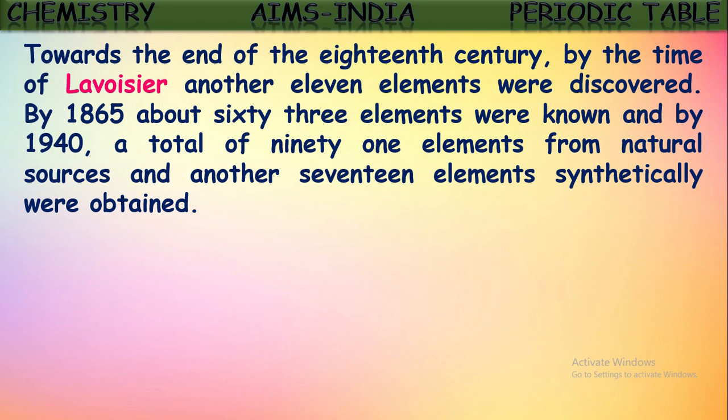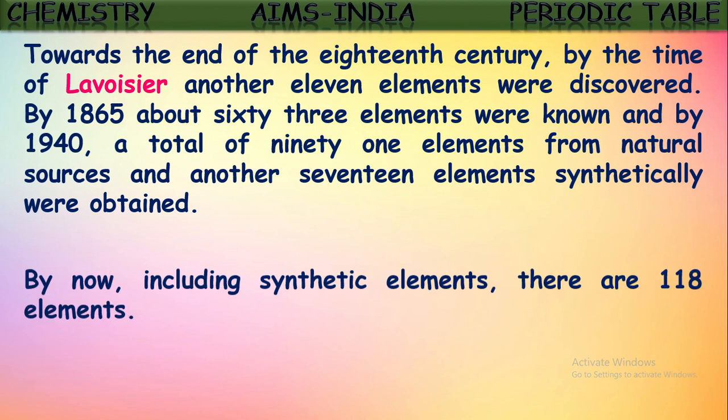Towards the end of the 18th century, by the time of Antoine Lavoisier, another 11 elements were discovered. Slowly, the number of discovered elements grew. By 1865, about 63 elements were known, and by 1940, a total of 91 naturally occurring elements were found, and another 17 elements were obtained synthetically, prepared in the laboratory by scientists.